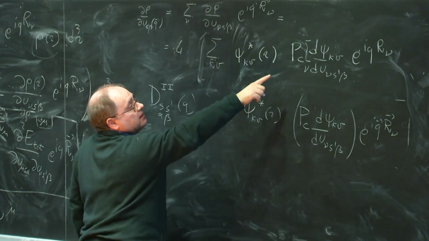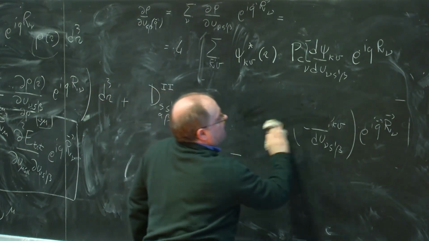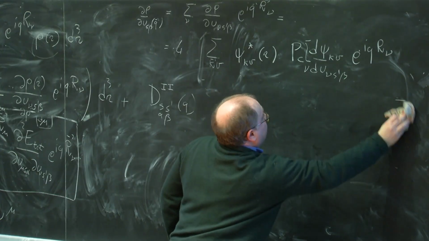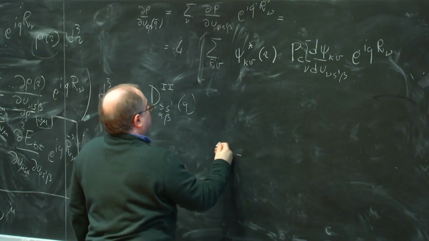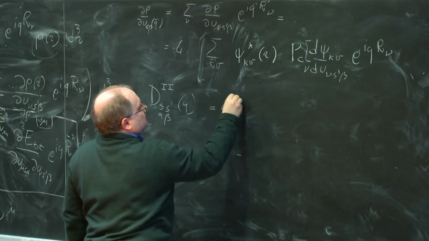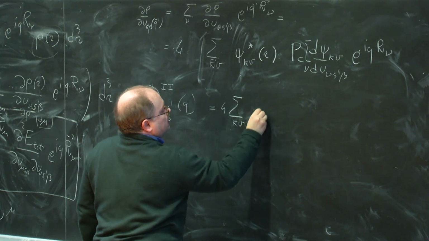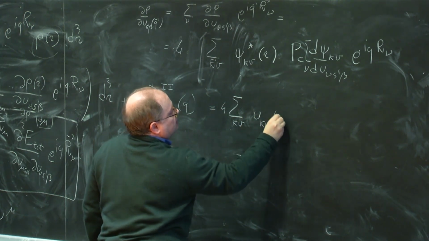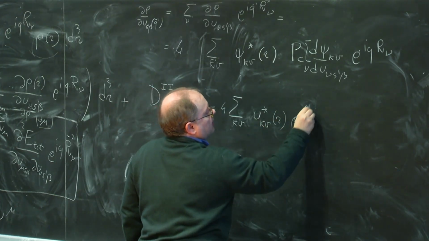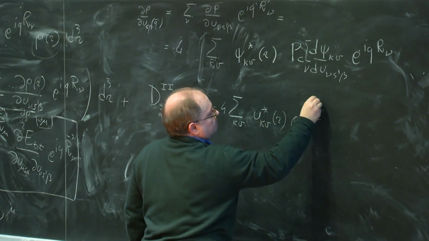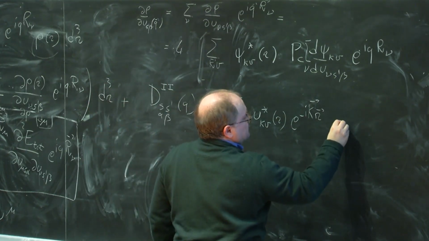And if I write the Bloch function, this is equal to 4 sum over k and v, basically u kv, the periodic part of the Bloch function, complex conjugate, e to the minus i k r. Then I have here this P_C.